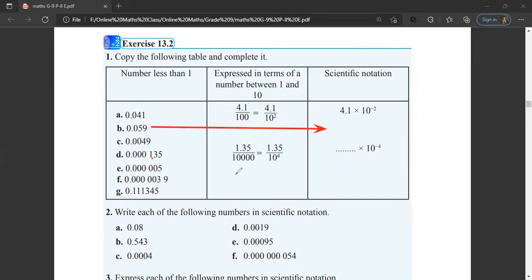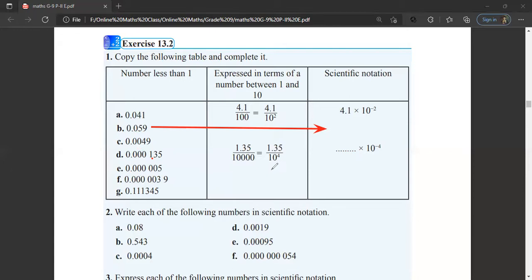Yes, very good. Why? The decimal place is going 1, 2, 3, and 4 places to make that minus 4. No? 4 places to make that 1.35 into 10 to the power minus 4. Very good.